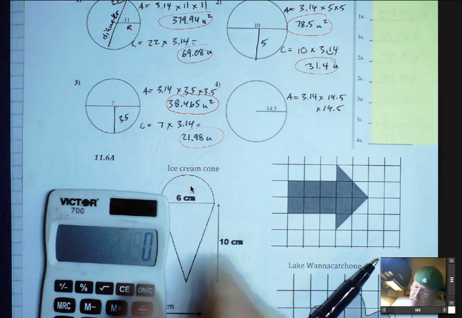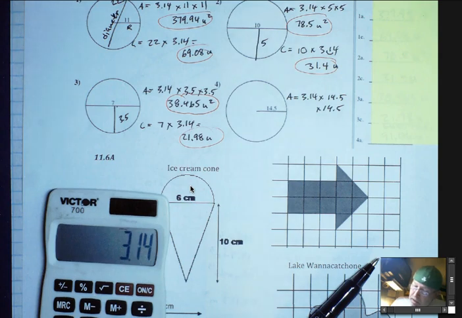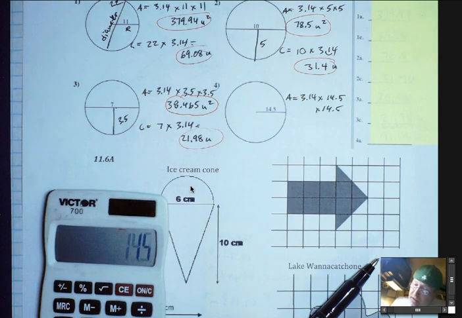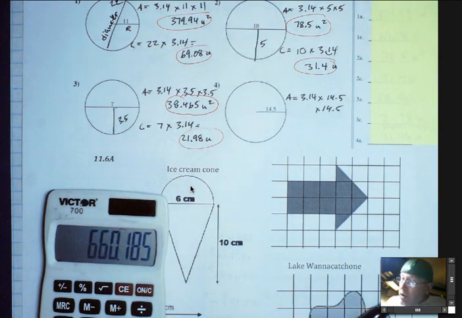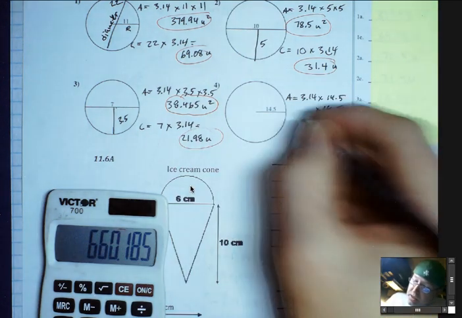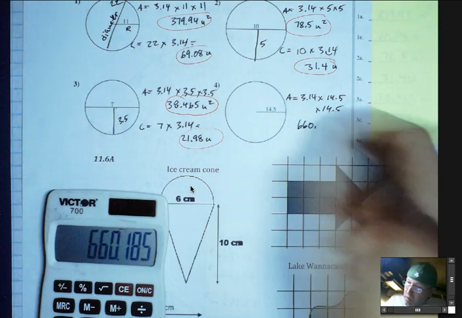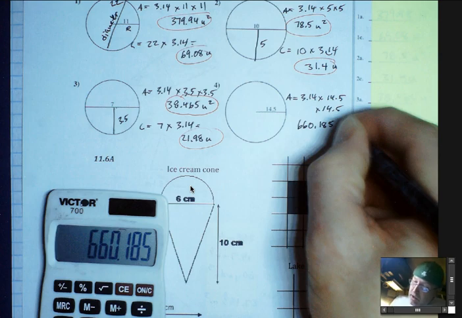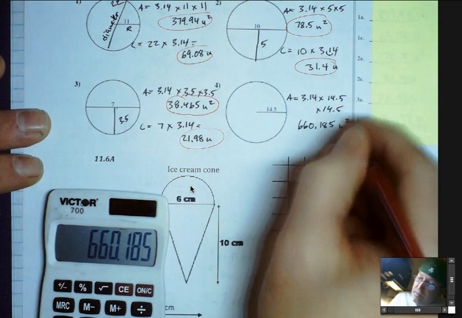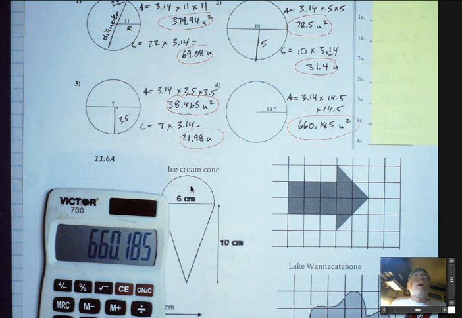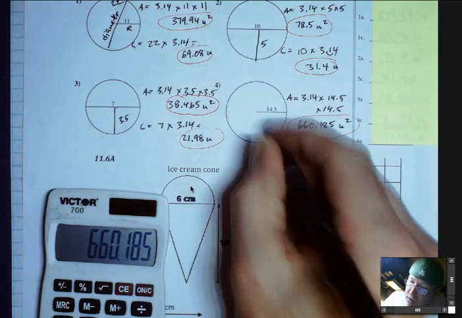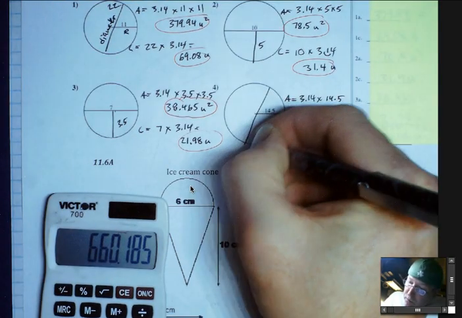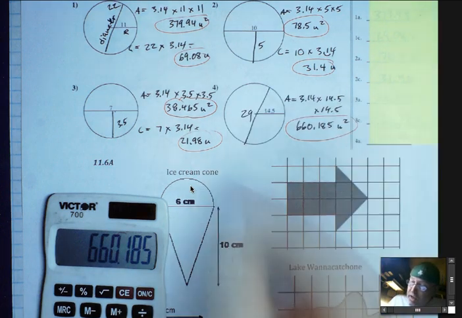Let me clear this out. 3.14 times 14.5 times 14.5, and that's equal to 660.185, and that's units squared. Circle that for you. We still have to do the circumference on that circle. That would be d pi is around, so the radius of this one is 14.5, so the diameter will be 29. Let's just double that.